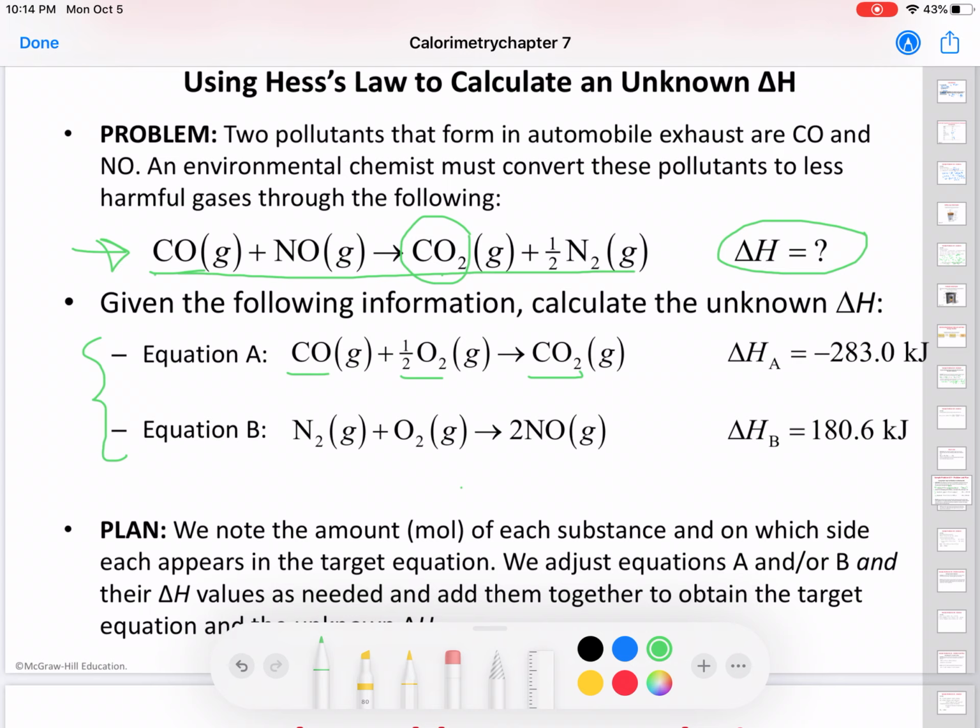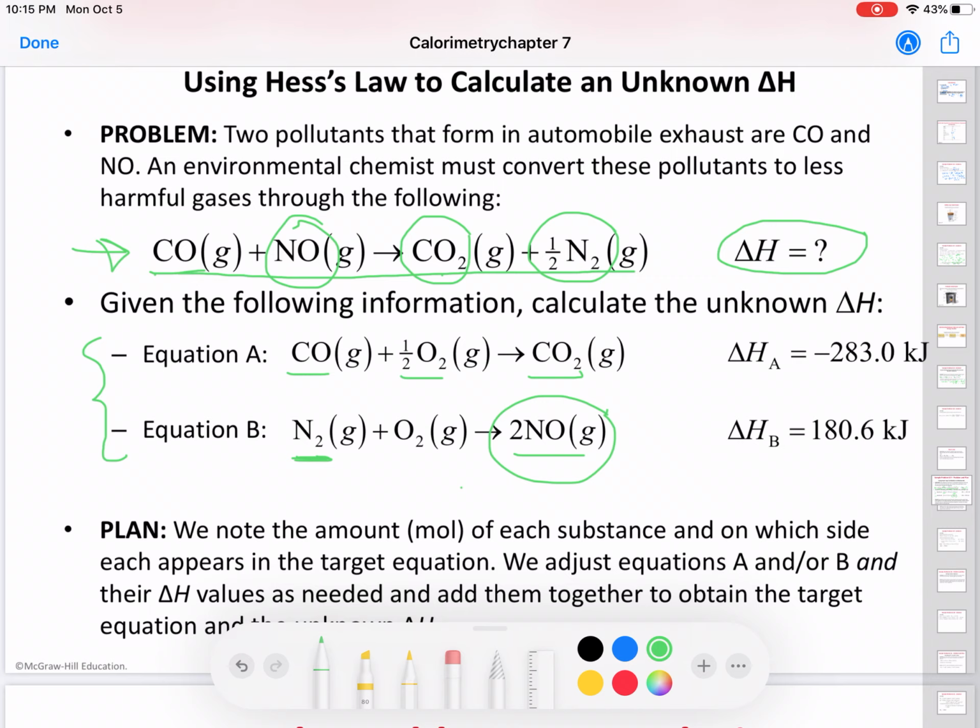Equation B, reactant side we have nitrogen, and then the product side we have nitrogen monoxide. Now we're going to look at, in our target reaction, where is the nitrogen? It's right here, it's a product. And nitrogen monoxide here is a reactant.